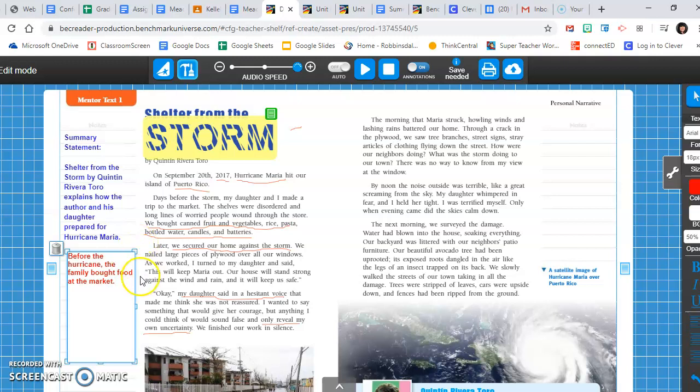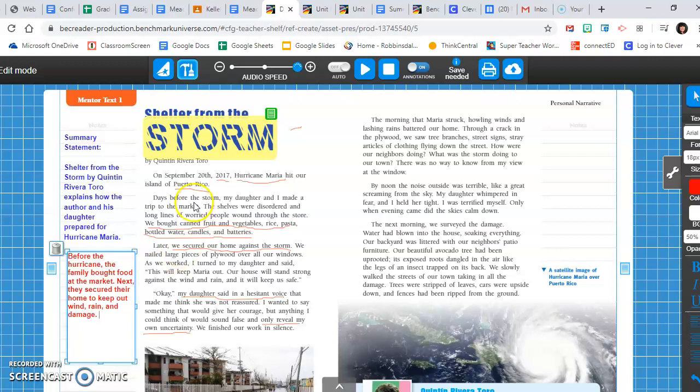Okay, what did they do next? They secured their home against the storm. Next, they secured their home. Now, what if instead of saying against the storm, how could I make that into my own words? They secured their home to keep out wind, rain, and damage.